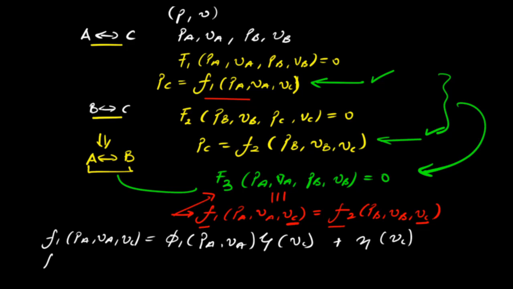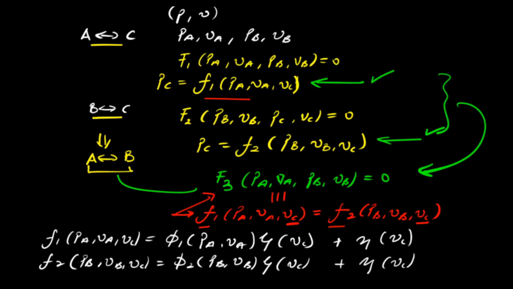Similarly, f2 is of the same form, where zeta and eta are the same functions, but phi1 and phi2 are different functions.